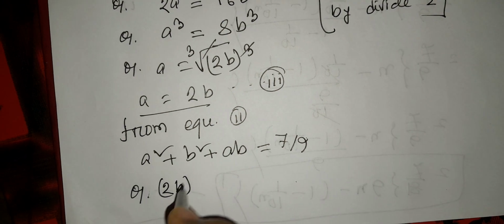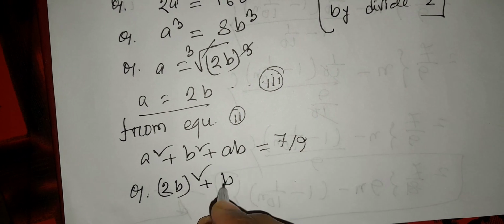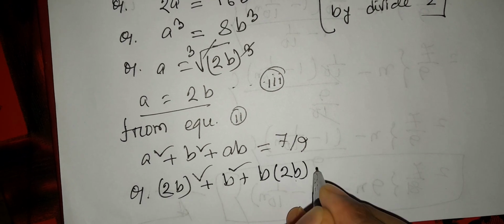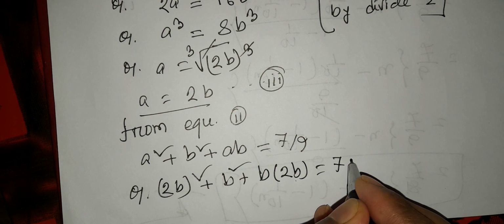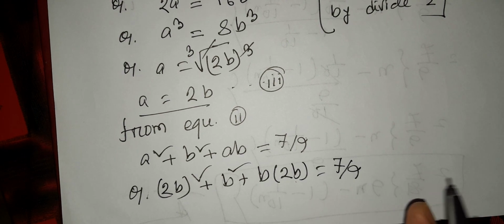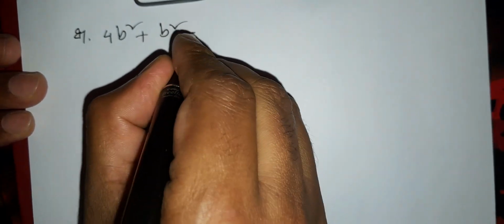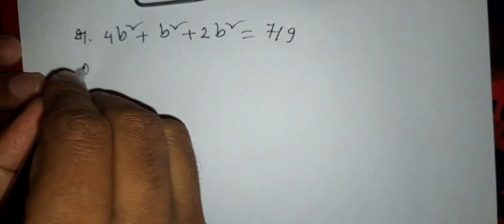So 2b all square plus b square plus b into 2b equals 7 by 9. We can write then 4b square plus b square plus 2b square equals 7 by 9.